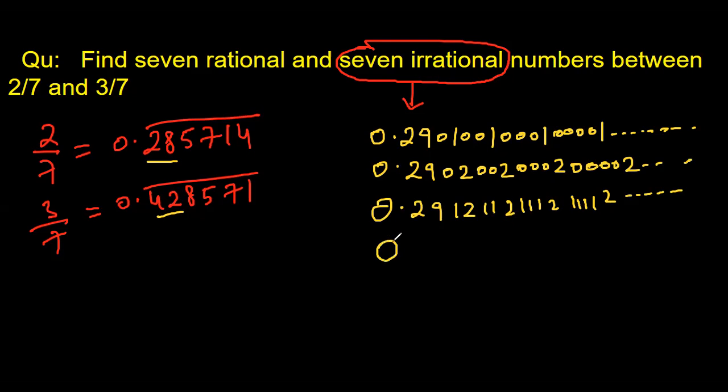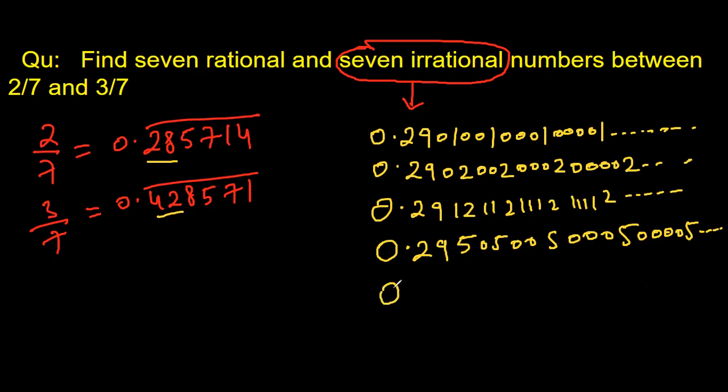Another number is you can say 0.29 and after 29 you can take 5 0, again 5 0 0, 5 0 0 0, 5 0 0 0 0, 5. So dot dot dot. I mean, we have to make a pattern which is non-repeating, non-terminating, and we say that this will continue.